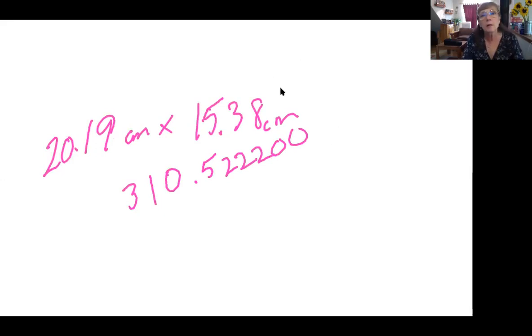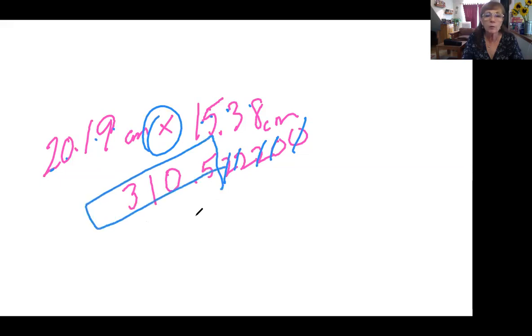My numbers have 4 sig figs each. That means my multiplication operation does not get me 9 significant digits. So I have to round. And in this case, it's really easy. The 4 sig figs are the front 4 numbers. I would report this in my data table as 310.5 centimeters squared.